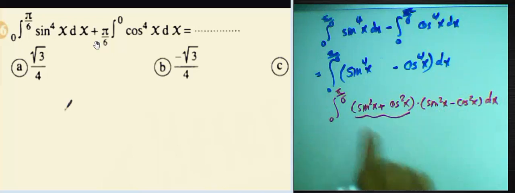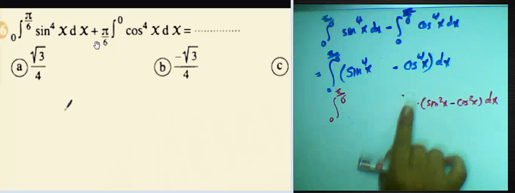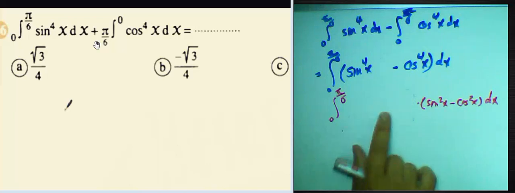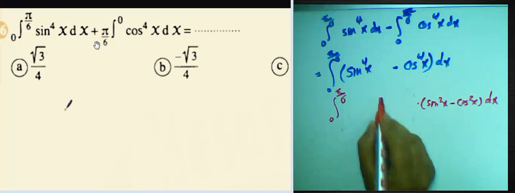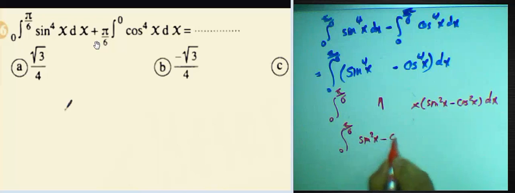The result here equals 1. It's an identity. Okay, it will be 1. Understood? 1 multiplied by this result. Then the integration from 0 to pi over 6 of this function sine power 2x subtract cosine power 2x dx.